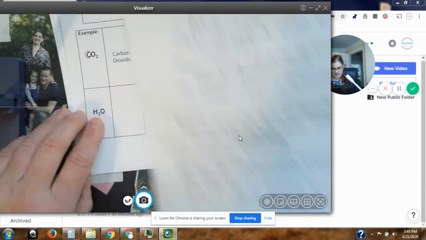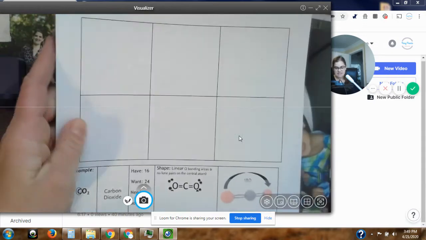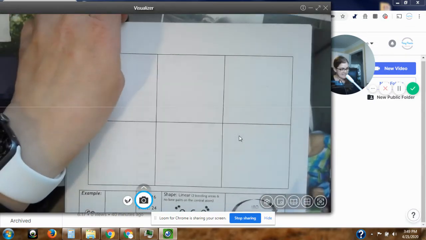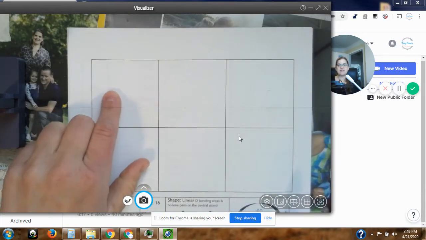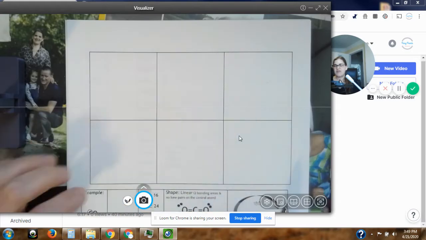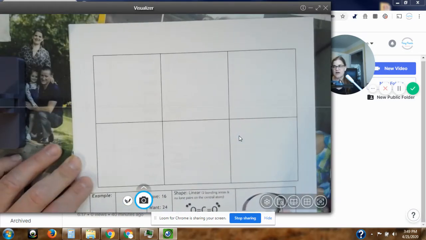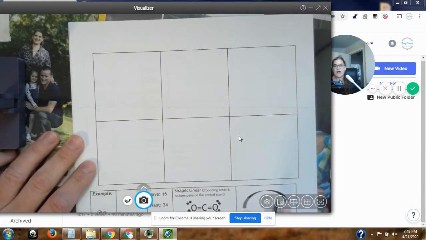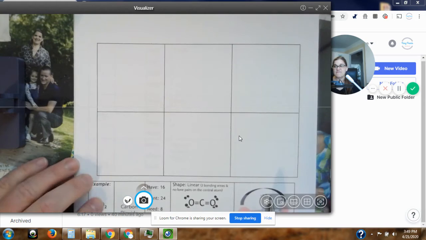Okay, let's keep moving on. I'm going to go to my next page. And what I'm going to do now is introduce you to the 6 basic shapes. When I teach them to my students, I like to put it in a 3x3 grid. Helps me organize my thoughts, and you're going to see that you can draw some connections together on these. Then I will show you how to apply this information.